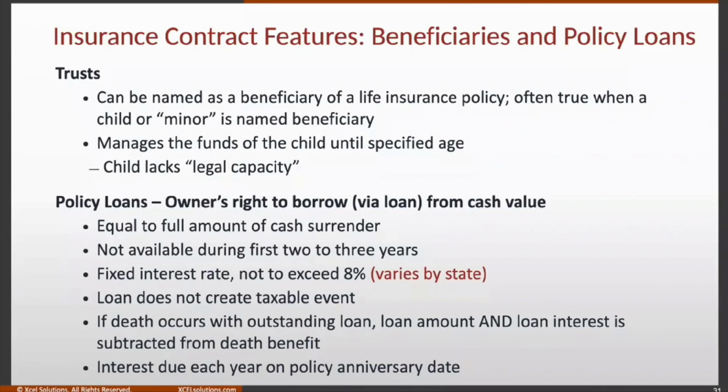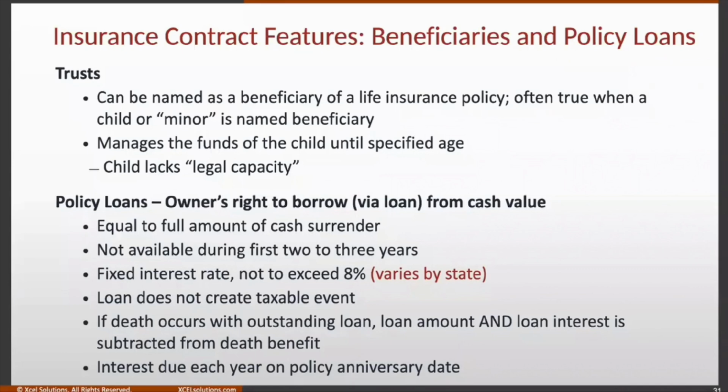It is not available during the first 2 to 3 years of any whole life insurance contract. You will be charged an interest rate for the borrowing privilege not to exceed 8%, and this also varies from state to state. What's usual and customary, an insurance company will charge you somewhere between 5% to 8% interest rate on a loan when they process your loan. But again, that does vary from state to state.